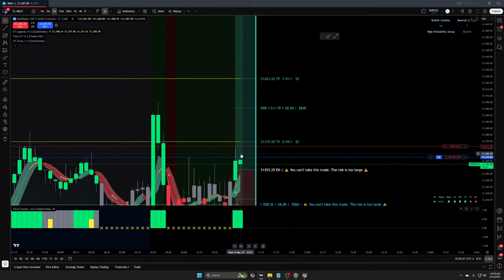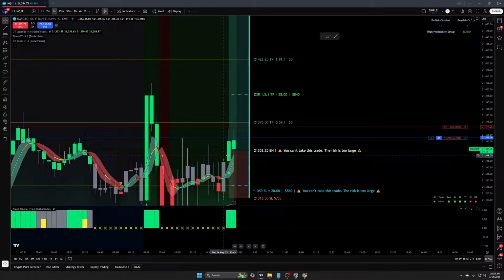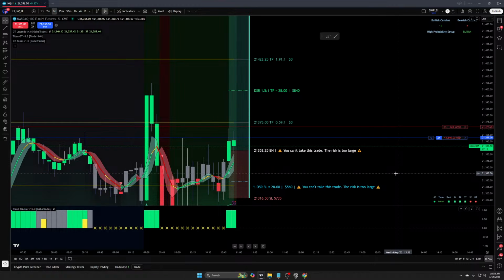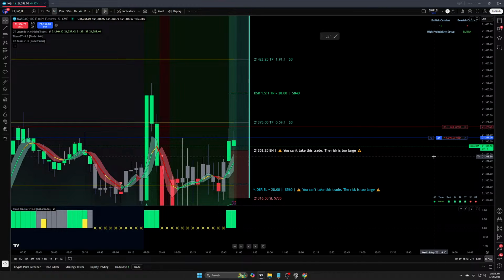I want it on this side, right? Now, the clue I have here is that this candle is not bigger than this candle. And so we got, what do we have here? 18 seconds. Come on. Let's get the end of the candle push. We get the orders coming in.